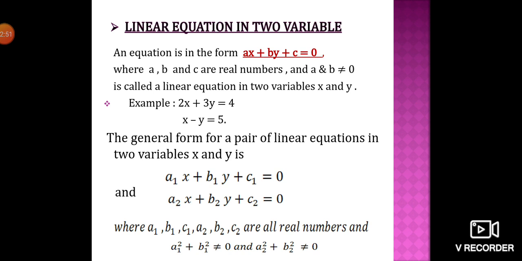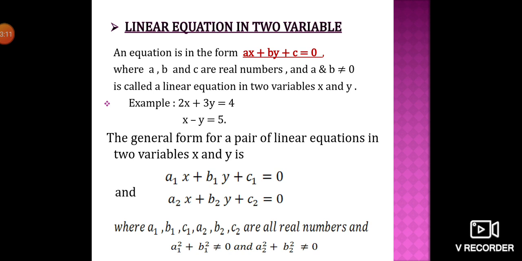So here two equations we have to write. So both we are writing, a1 and a2, so that it does not make you confused. So first we are writing a1x plus b1y plus c1 is equal to 0. Second equation is a2x plus b2y plus c2 is equal to 0. These are the pair of linear equations.